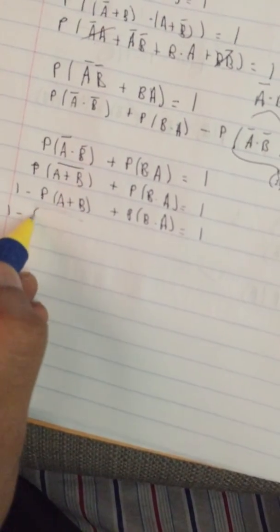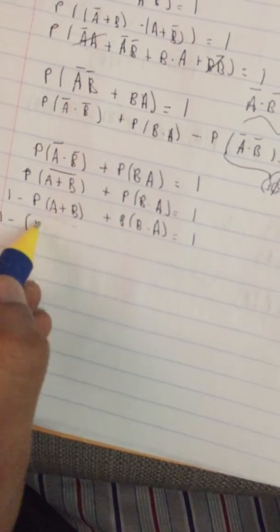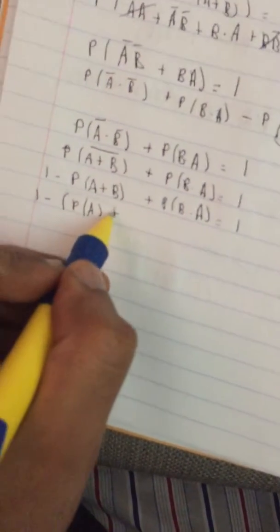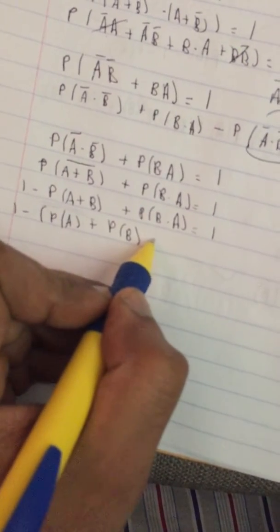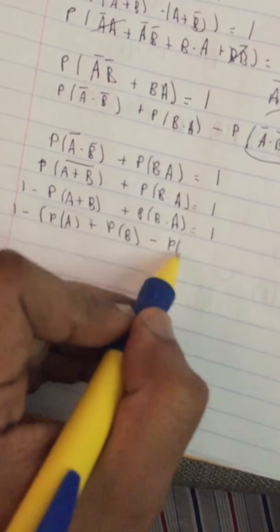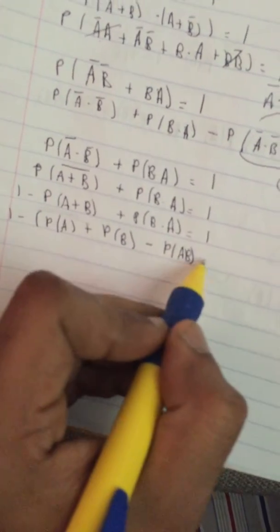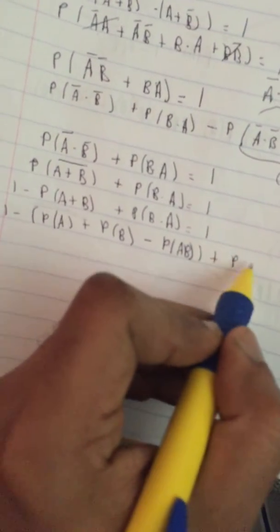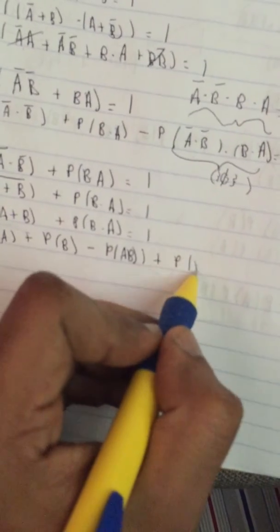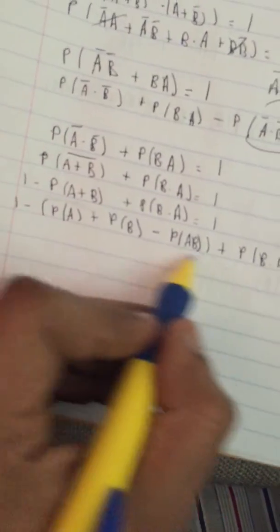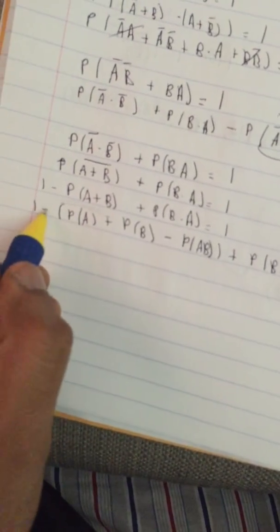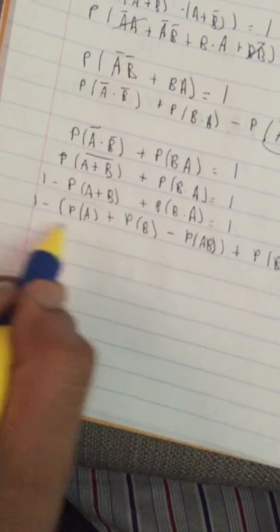And alright, so we can rewrite this whole thing as 1 minus the probability of A plus the probability of B minus the probability of AB, plus the probability of B times A. This all still equals 1. Let's negate everything. Take this negative sign inside.